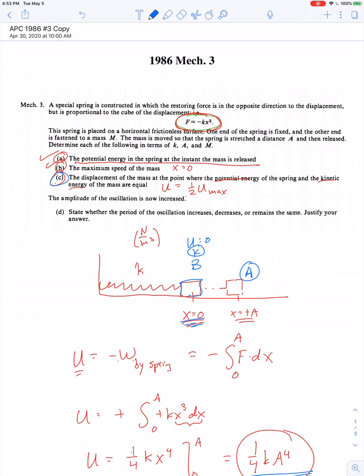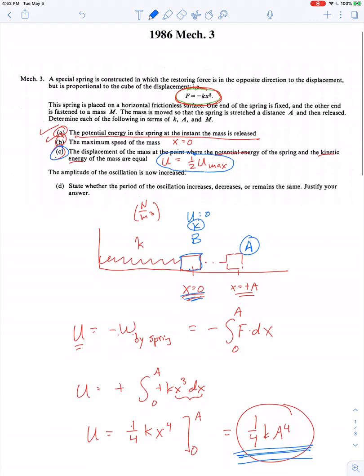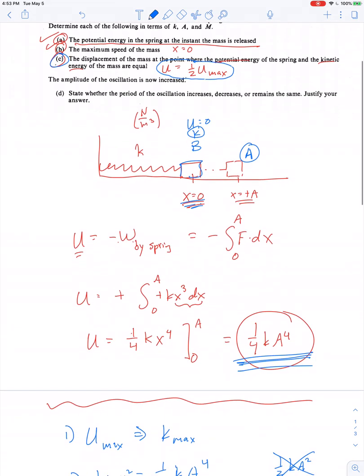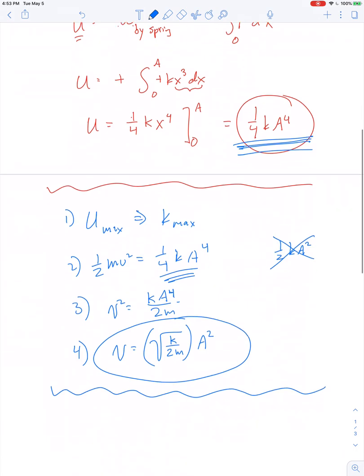Part C, what's the displacement when the potential energy and kinetic energies are equal? So like I said, we can rely on this expression as a way to solve the problem. If the potential energy is half of its maximum value, then the kinetic energy makes up the other half, and the two forms of energy would be equal to one another.